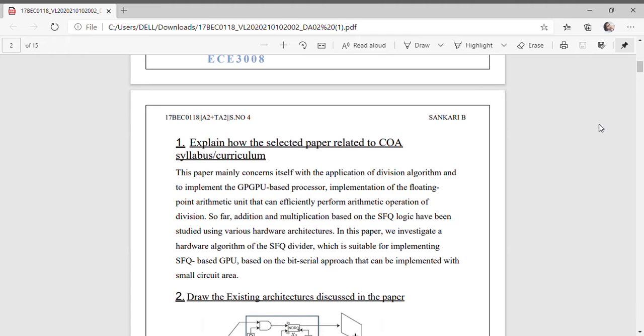SFQ logic circuits are thought to be applied to next generation high performance computing (HPC) systems because of their very high efficiency. In the field of HPC, general purpose computing on graphical processing units is becoming mainstream because of its very high performance in calculation power and energy efficiency. In a graphical processing unit, floating point arithmetic operations play an important role compared to a general purpose processor.